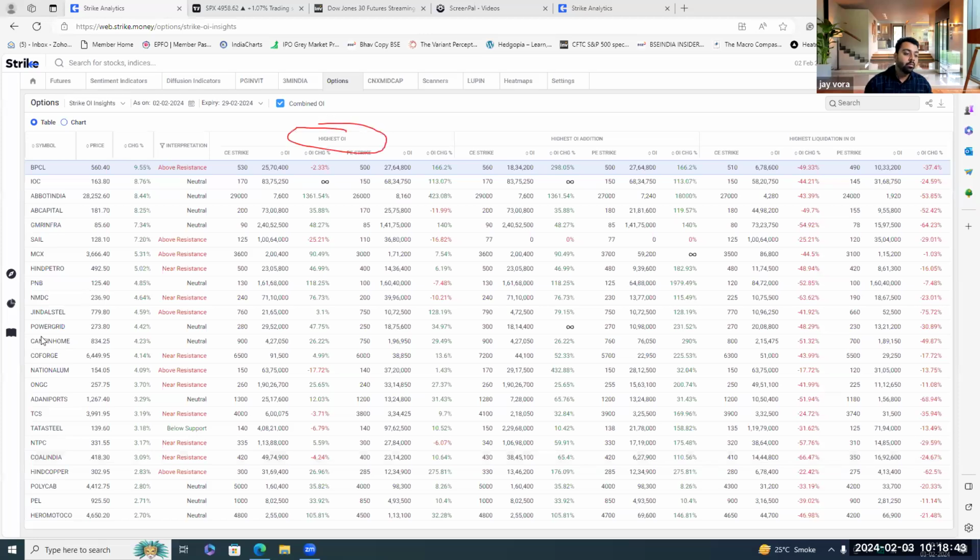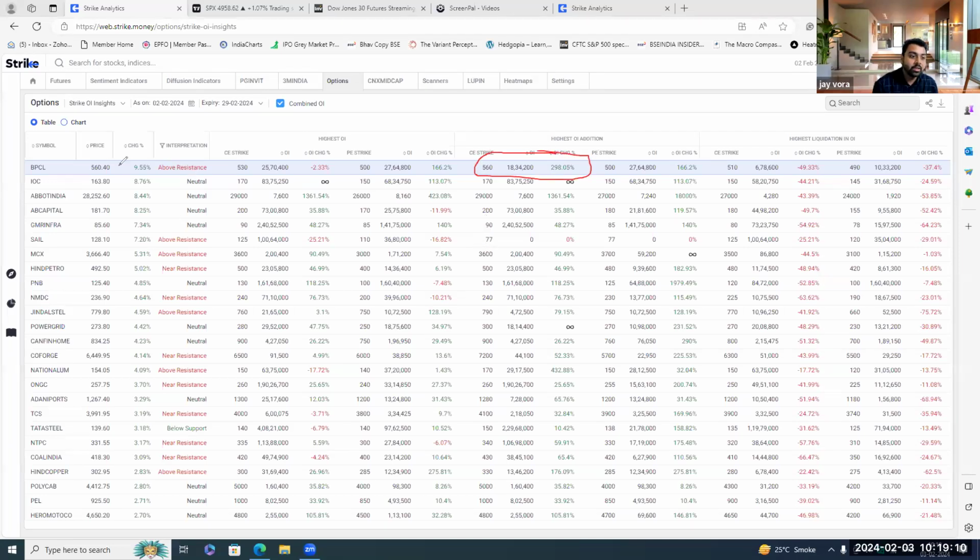Now, one would say that in the case of BPCL, the price is already at 560, and the highest OI that you can see is at 530. So that has already been surpassed by the price. In this case, how do we interpret? That's where you need to see where the highest OI addition is now happening.